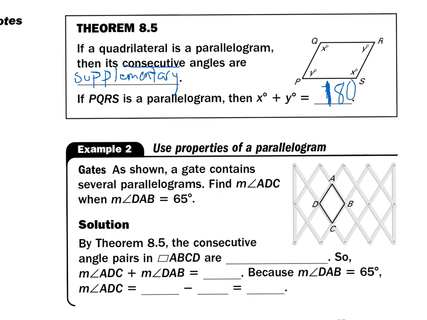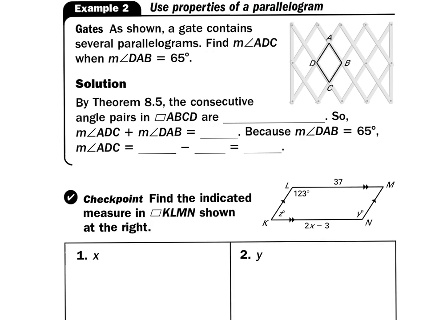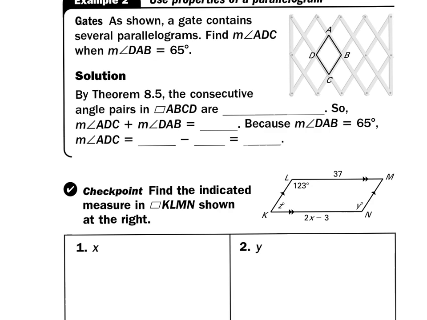Example 2. Gates. As shown, a gate contains several parallelograms. Find the measure of angle ADC. So we're talking about this angle with the vertex right here. Angle DAB, vertex right here, equals 65.